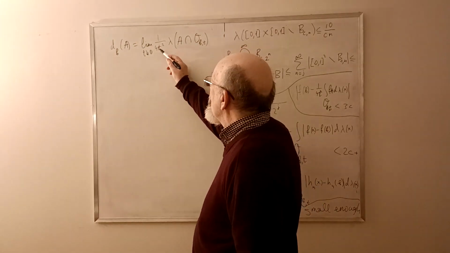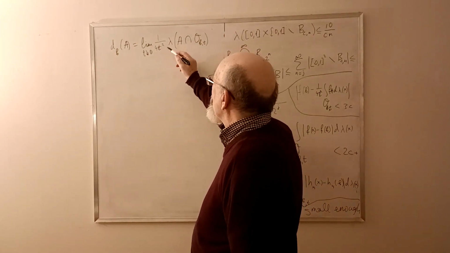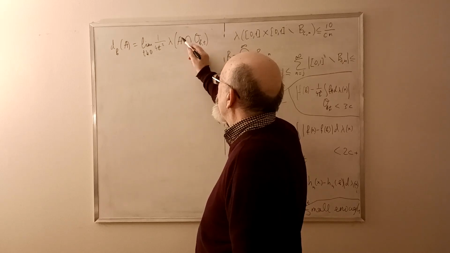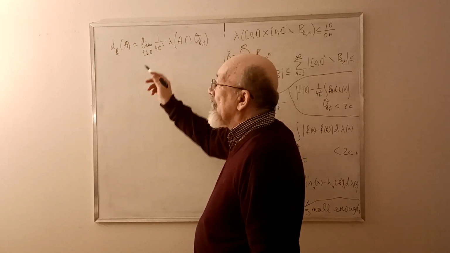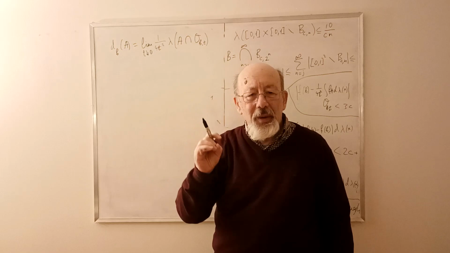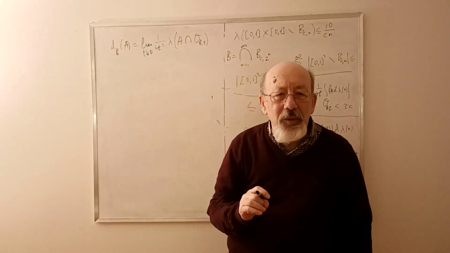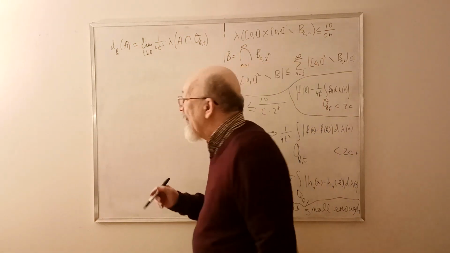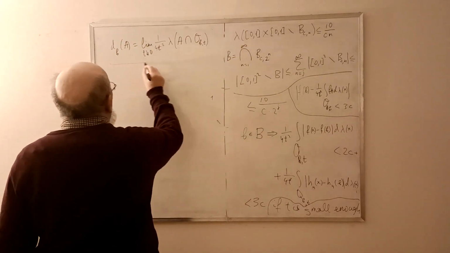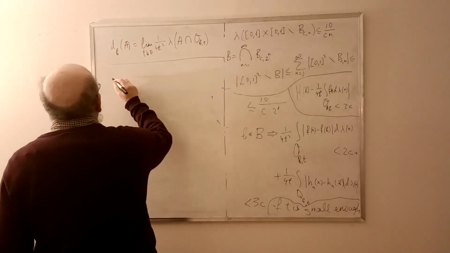So it is the mean content of the set A in a small square, and the limit when the size of the square goes to 0.